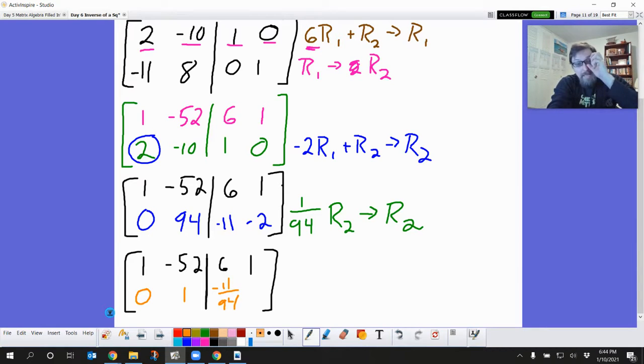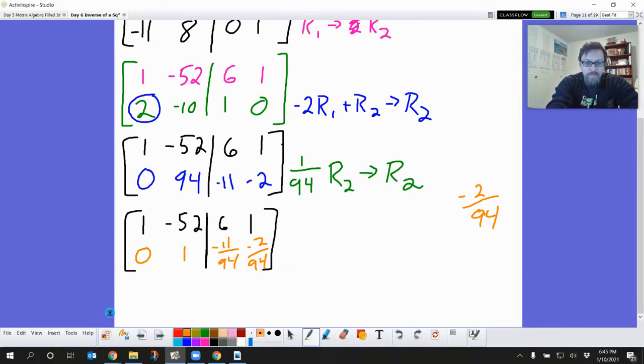And then negative 2 divided by 94. I can actually reduce, because those are two even numbers. We get negative 2 94ths. So we could divide both of those by 2, but let's just keep them 94ths for now, because we're about to multiply this by something. If we just kept them both 94s, that'll make our lives a little bit easier.